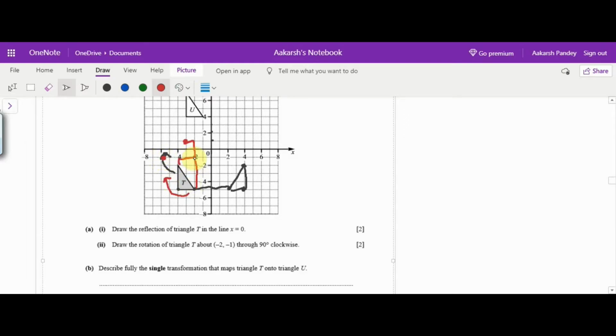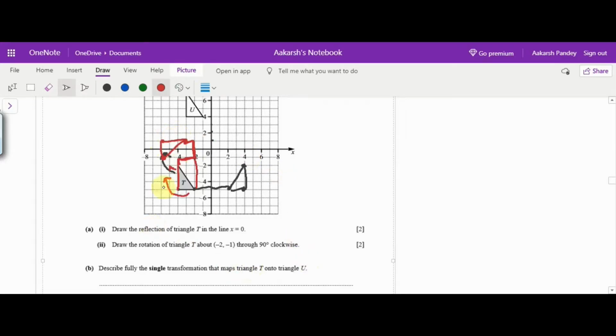The third vertex is two to the left and four down. So again flip this. You get two to the top and four down here. So this will be the rotation of the triangle T.